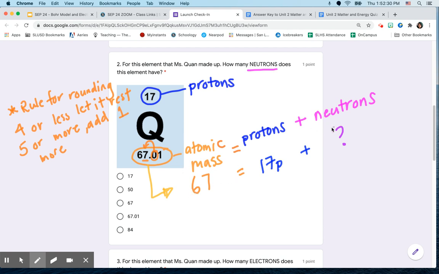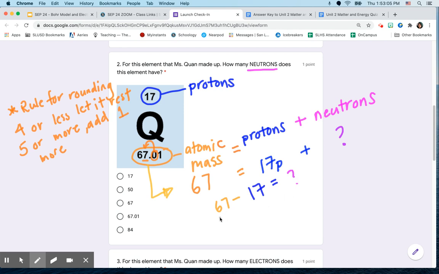So this might seem kind of tricky for some of you, and that's okay, because this is essentially a general algebra problem. If I know everything adds up to 67, and I have 17 of these things, I want to figure out how many neutrons I have. Well, another way I can think of it is 67 minus my 17 protons will give me a certain number of neutrons.